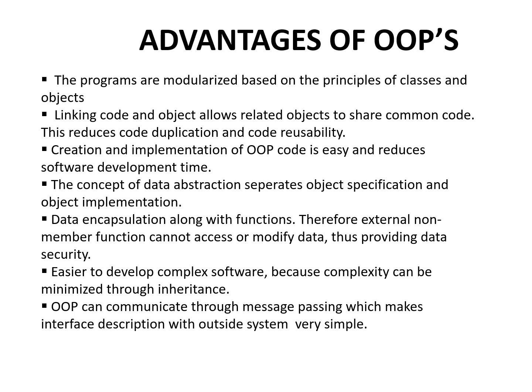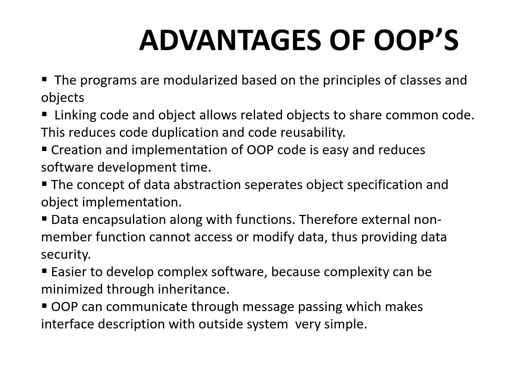The program is modularized based on the principles of classes and objects. It means that the program can be subdivided on the basis of classes and objects. Linking code and objects allows related objects to share common code, where one object can also share the code of another object. Creation and implementation of OOP code is easy and reduces the software development time.